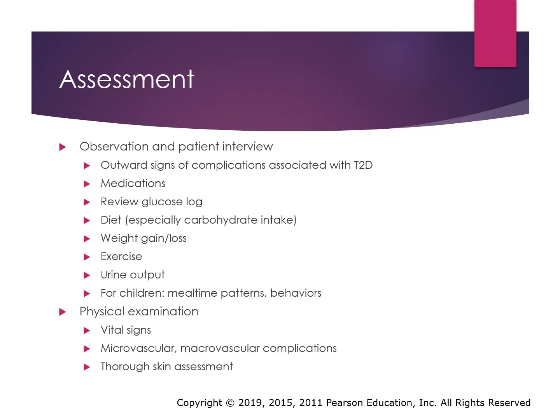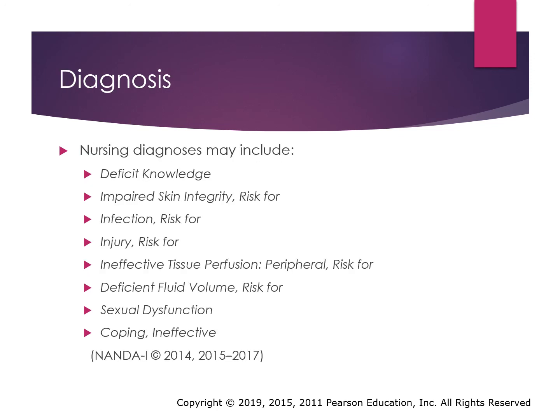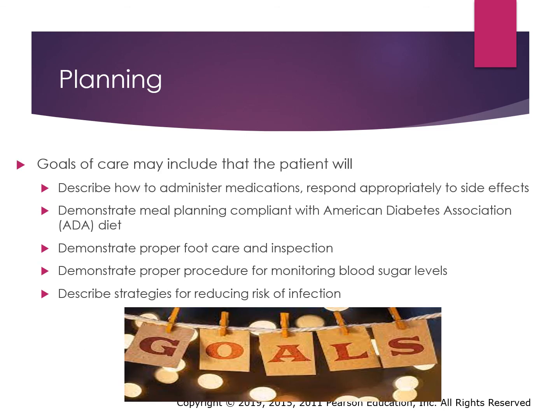Are they urinating a lot? Look at their meal times and their patterns of mealtime behavior. What are they eating? It's also the same thing for children. Look at their vital signs, assess their fingerstick blood sugar, look at their skin. Is it dry and cracked? Do they have issues with their skin?